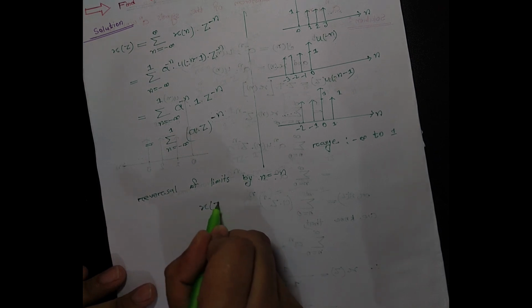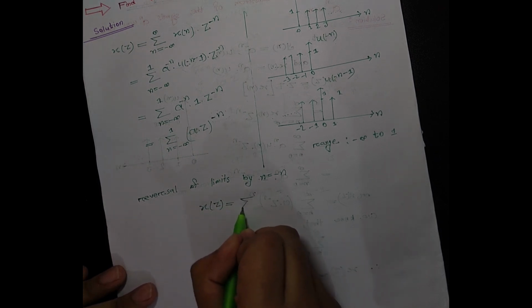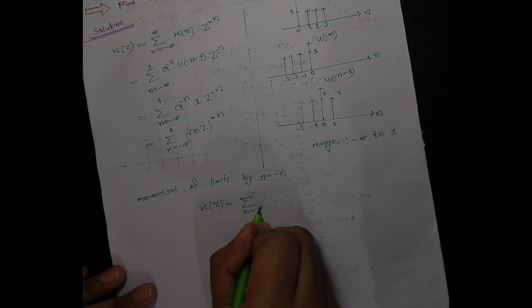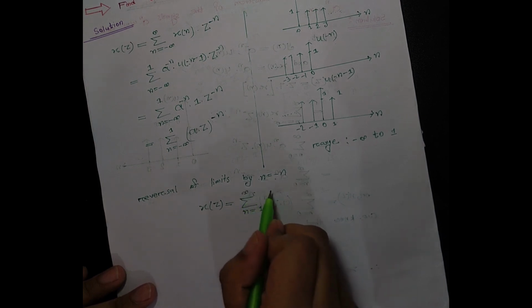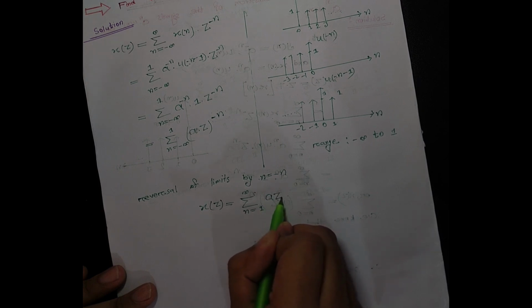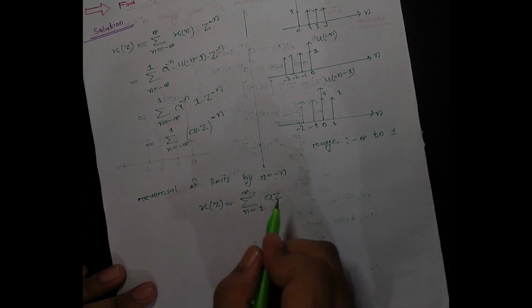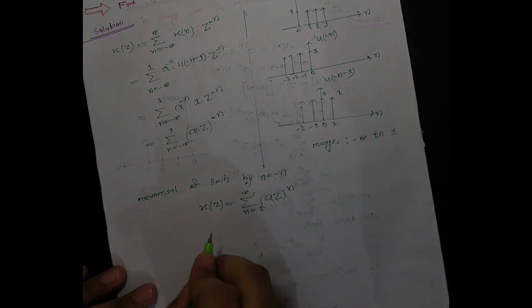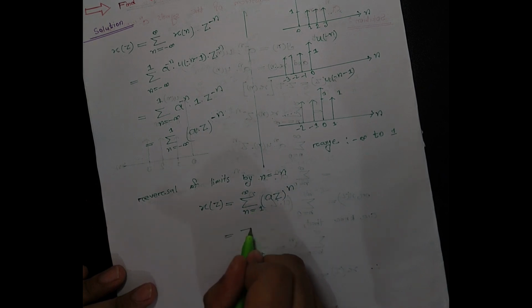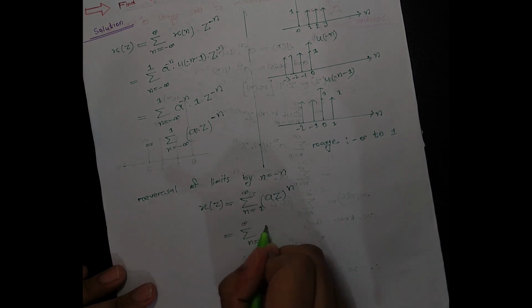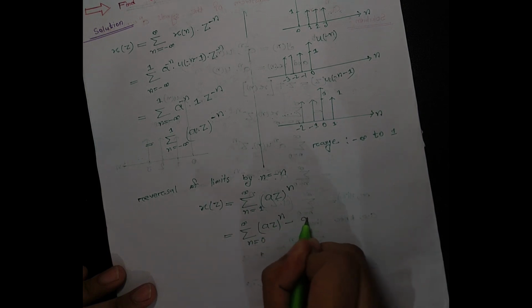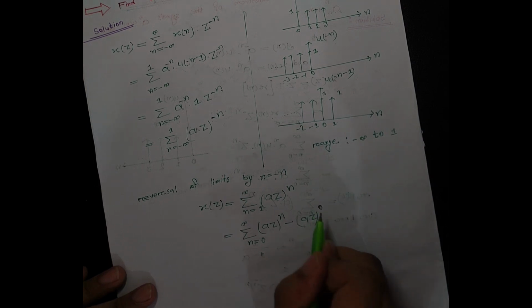Now X(z) equal to summation n equal to 1 to infinity (az) to the power minus n, minus minus, that means plus n. N equal to 0 to infinity, minus n here 0, n equal to 0.